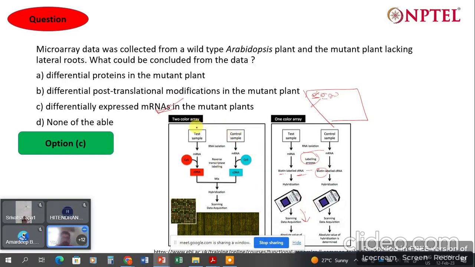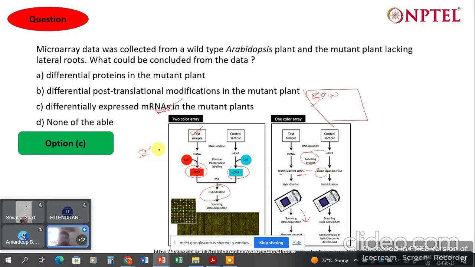Now what is the second one? This is the two color array. The major difference between these two is that here we use two different fluorescently labeled dyes. If we are analyzing one sample, it will be labeled with one color dye, and the other will be labeled with a different colored dye. After hybridization, if for example a well gives a red color, this means that this sample is expressed more in this cell type.